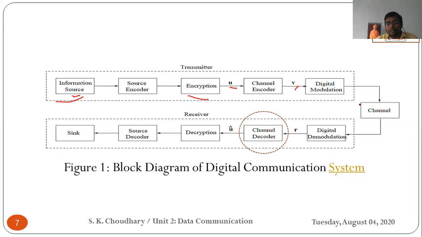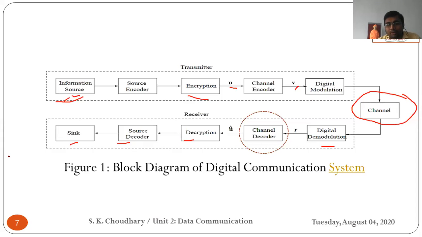Further, the transmitted signal is sent through the channel. This is a very key point. In the channel, all kinds of impurities, fading or noise are added, and then the signal is passed to the receiver end. There, the reverse process goes on: demodulation, channel decoder, decryption, source decoder, and finally the output message is retrieved, which is very similar to the input information.